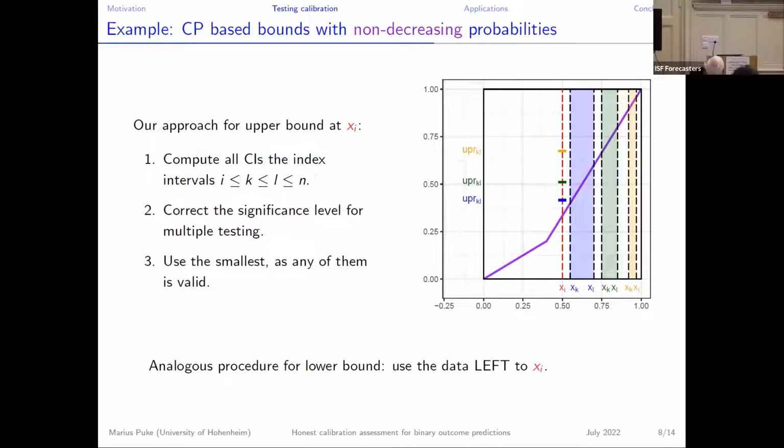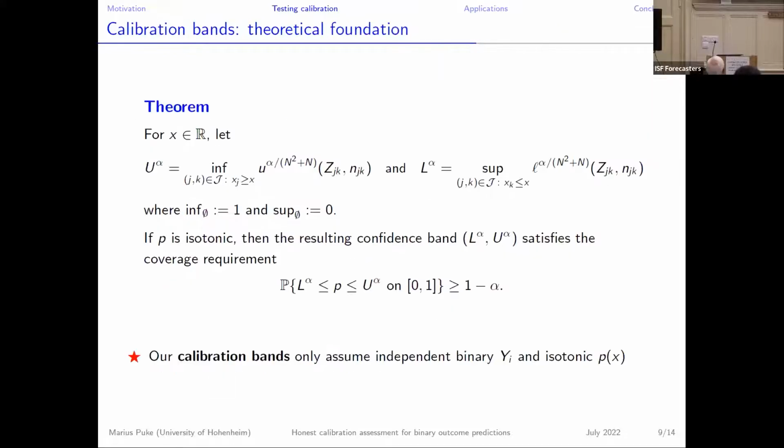So this is the intuition of those bounds that we are proposing here. And we can give some notion to this in these formulas. Essentially just these Clopper-Pearson bounds with this algorithm that iterates through all the observations that we have and finds these upper and lower bounds. And essentially, we were able to show that our bounds fulfill some nice coverage requirements here.